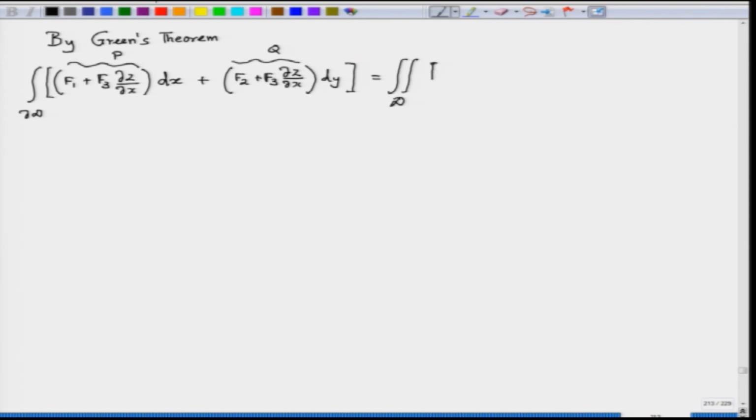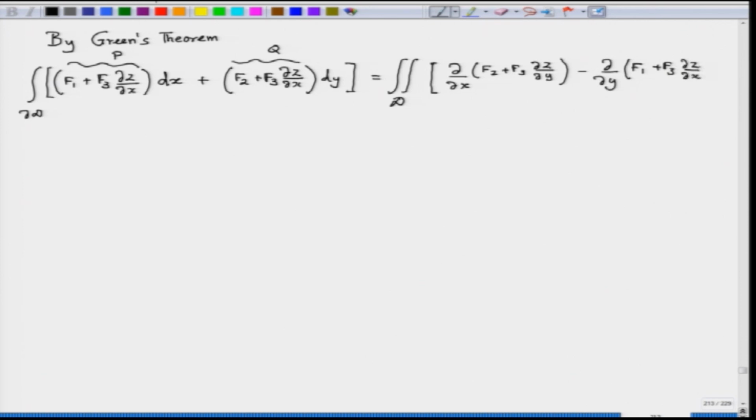So, del q del x, that is del x of f2 plus f3 del z del y, minus del p del y, that is del y of f1 plus f3 del z del x.